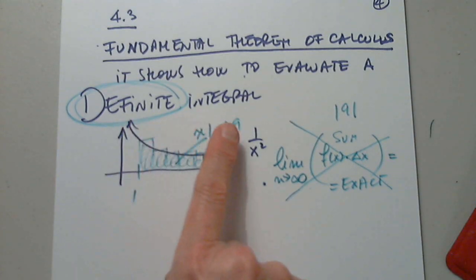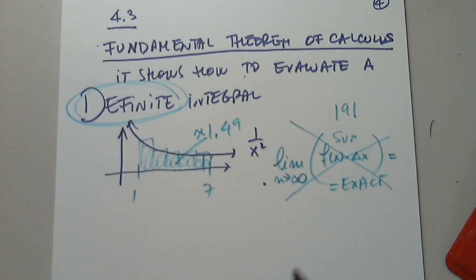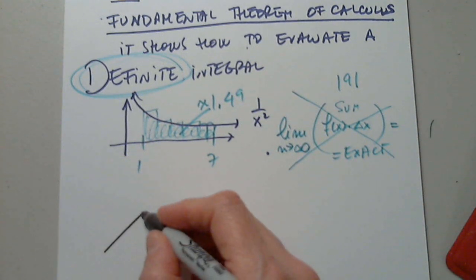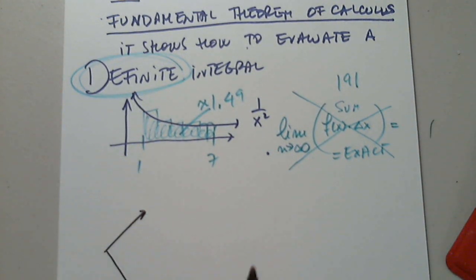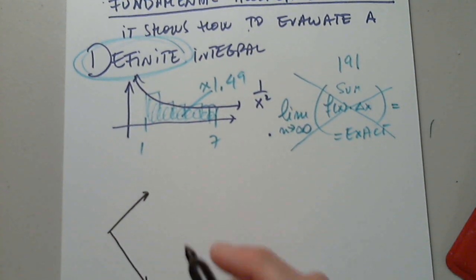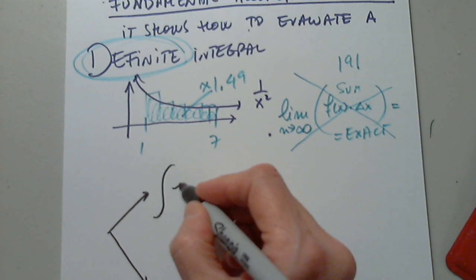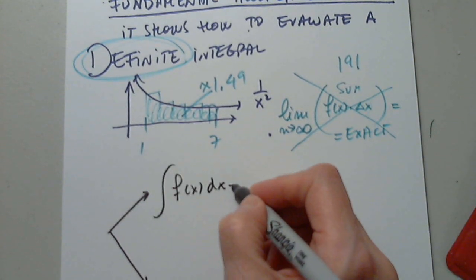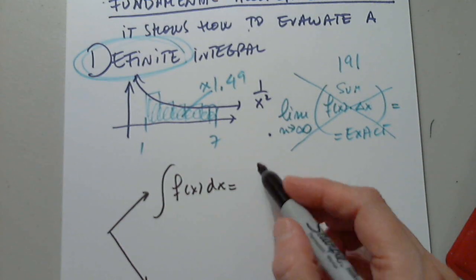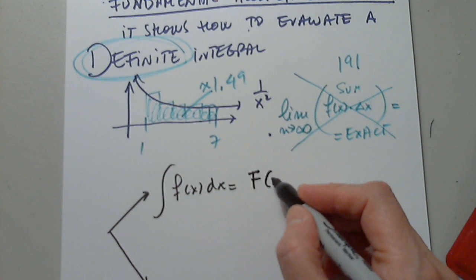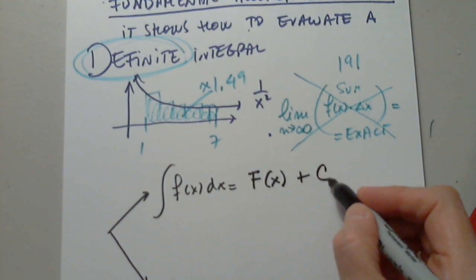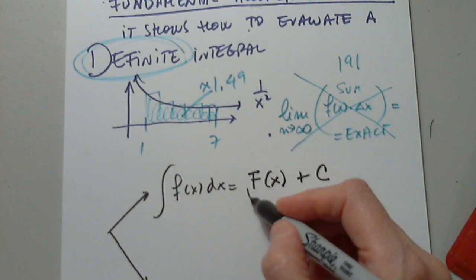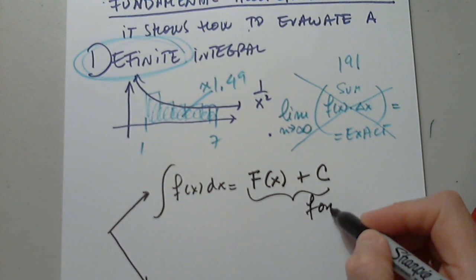What is a definite integral versus an indefinite integral? So let's analyze and separate them and discuss them together. The indefinite integral of f of x dx is a function, the antiderivative, plus a constant c, which is a family of functions.